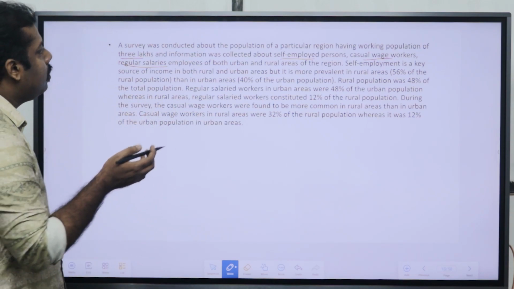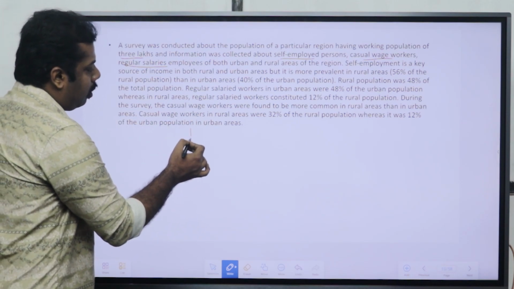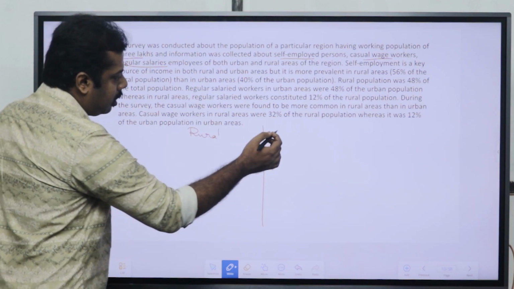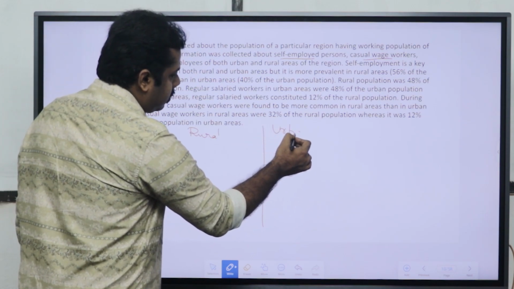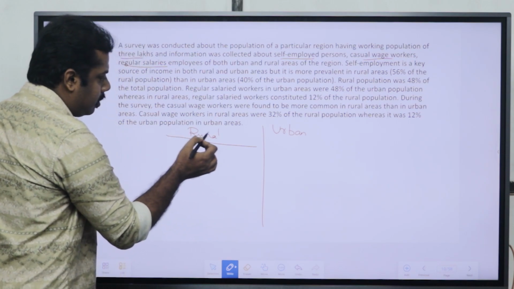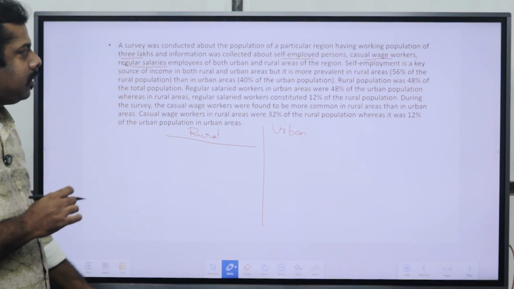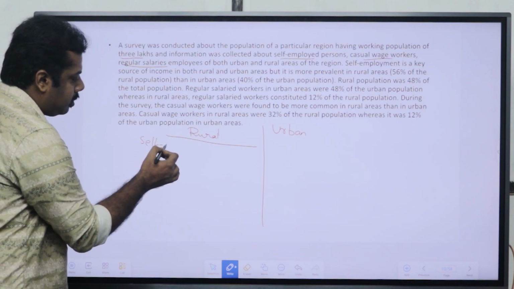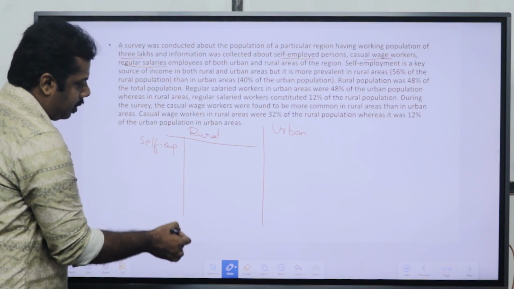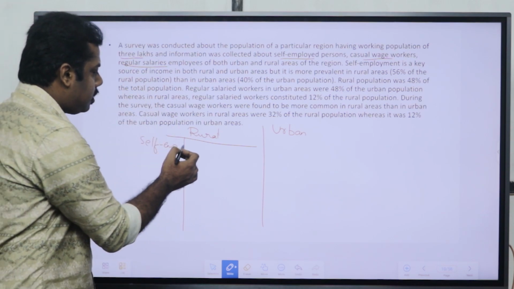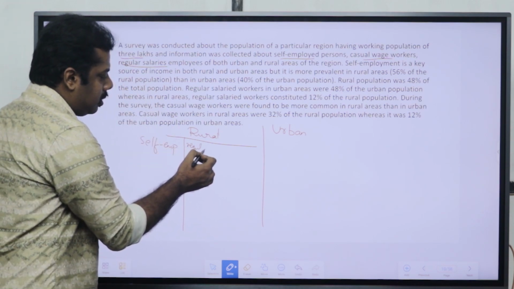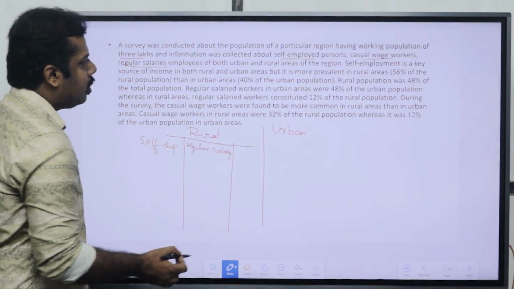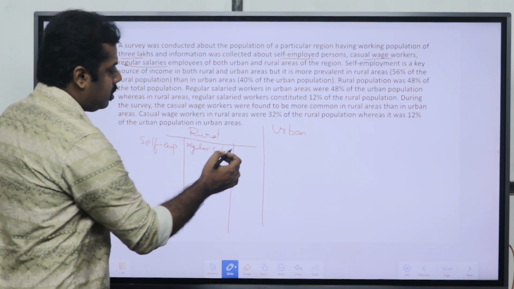Here we have two categories: the rural population and the urban population. In each we have three categories: the self-employed category, regular salaried persons, and the last one, casual wage workers.